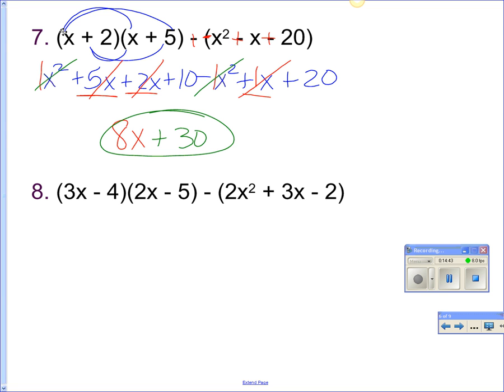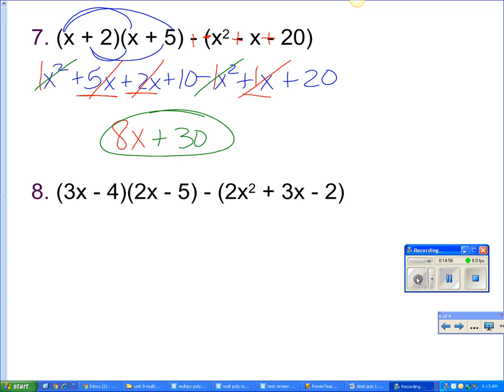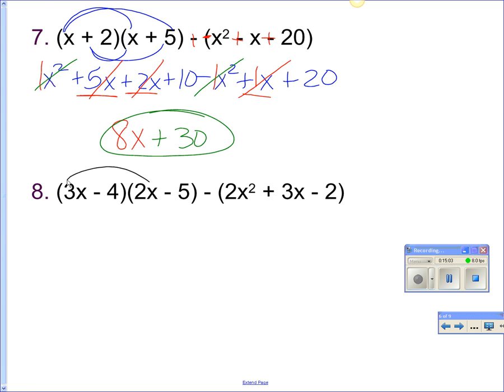All right, number 8. 3x minus 4, 2x minus 5, minus 2x squared plus 3x minus 2. All right, Daniel, what do I do first up here? Which is? Good. Ethan H, what next?